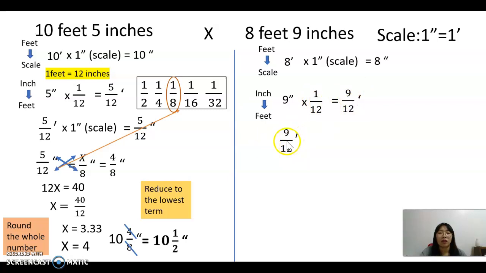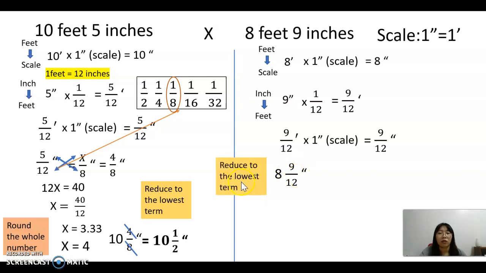So 9 over 12 feet, we multiply by the scale, and on the scale it is 9 over 12 inches. So for 8 feet 9 inches, we can draw on the scale 8 and 9 over 12 inch.